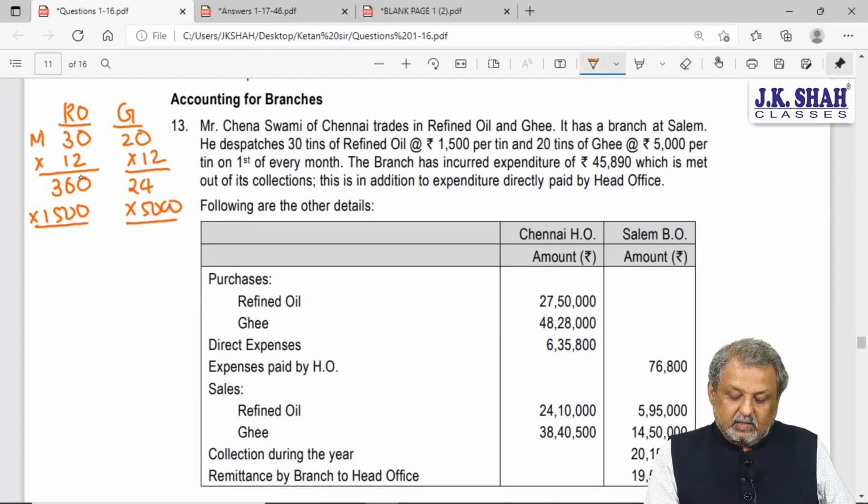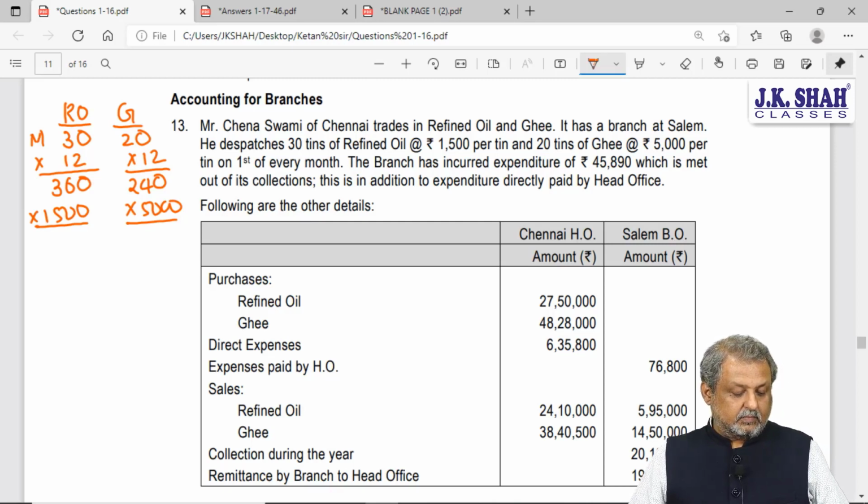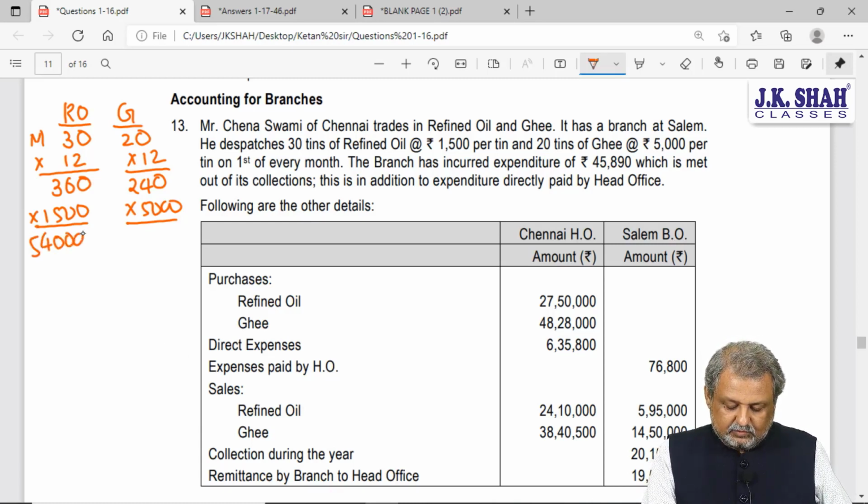It will be 360 and 240. Isn't it? So that is how you should be doing it carefully. So 5,40,000 and 240 multiplied by 5,000 will be 12 lakhs.